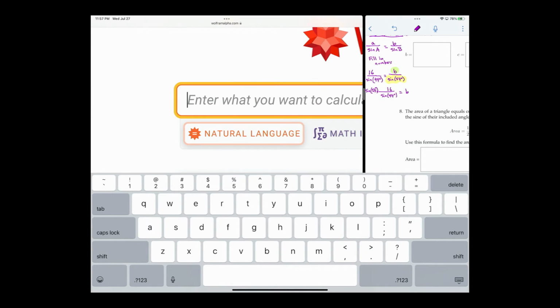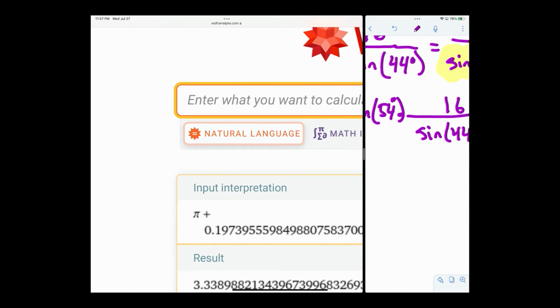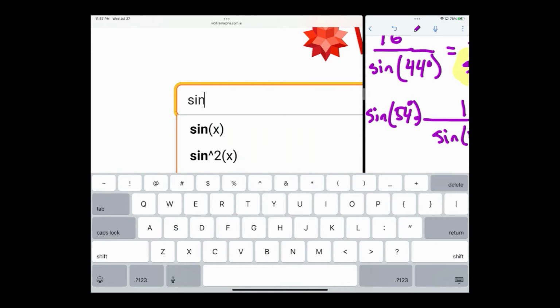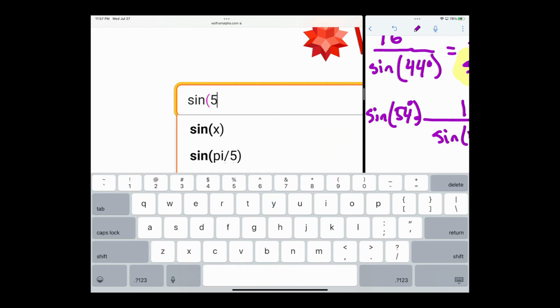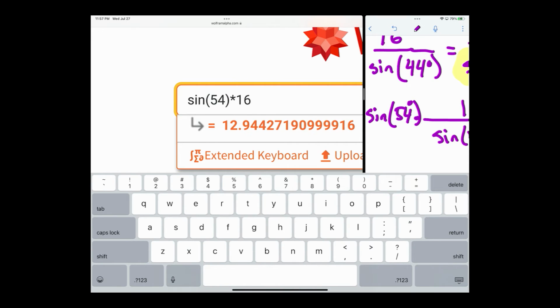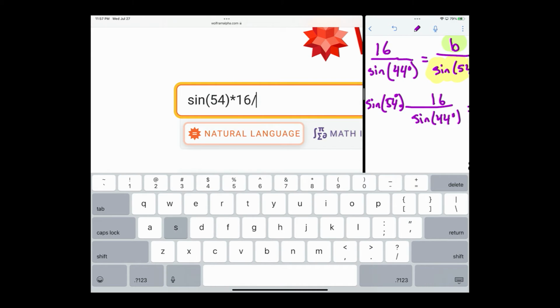Be careful here. A big problem people will have on this is that we're measuring these angles in degrees, and you need to make sure that your calculator is in degree mode, or that Wolfram Alpha actually uses degrees. So I'm going to type this in twice to show you something. So sine 54 times 16 divided by sine 44.